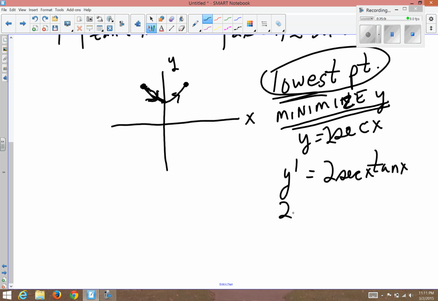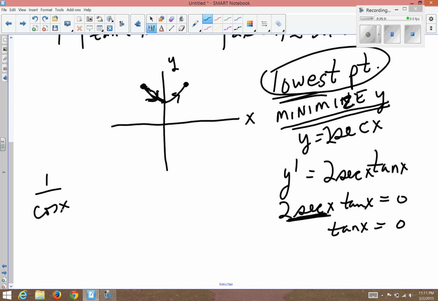We need to know when the derivative is 0, which would have to be when tan x equals 0, because this could never be 0. Secant x is never 0, because secant is 1 over cosine. There's no way that can be 0.